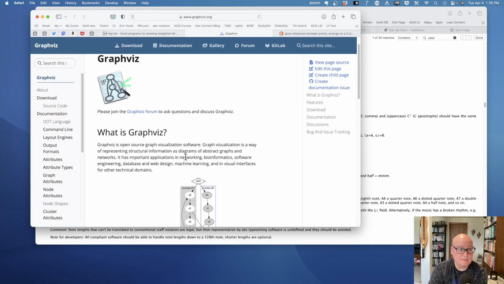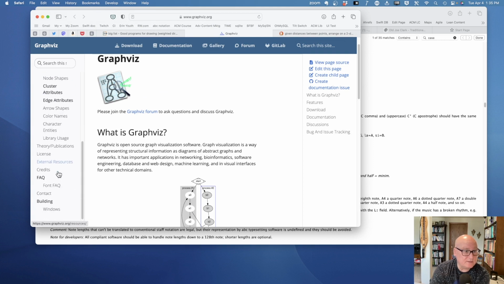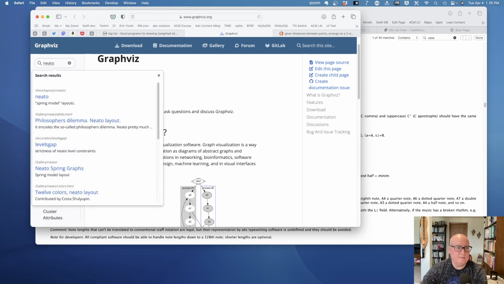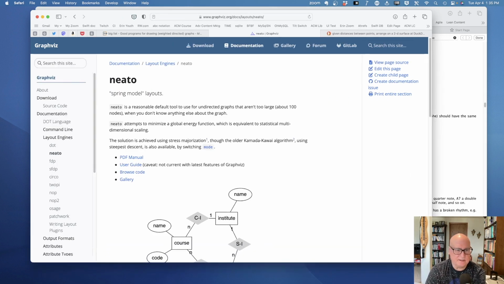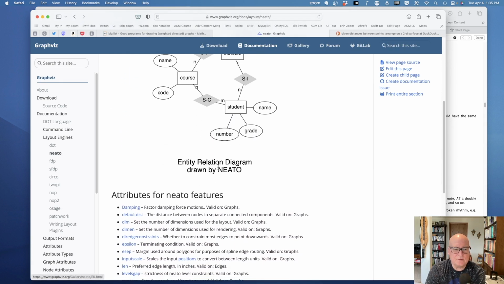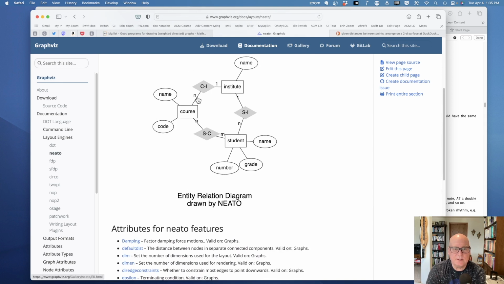All right, so suggestions there. GraphViz, there's one called Neato, if I can find that. Yeah, they call it spring models, which I think makes sense to me. You treat the distance as being like sticks and springs, and you may be able to compress it or stretch it, but it has a natural length it wants to be.